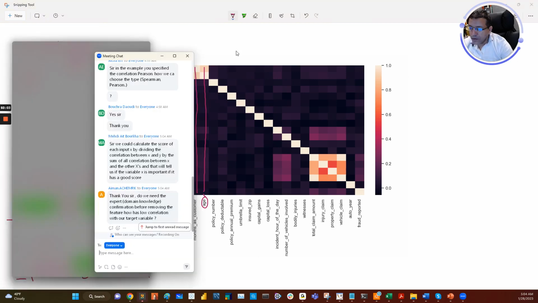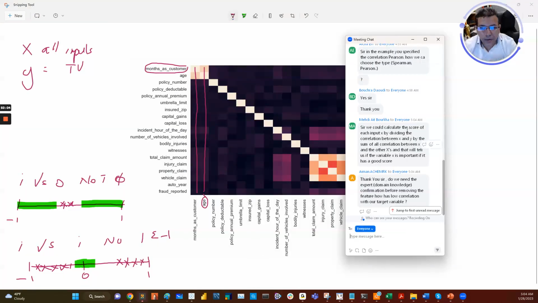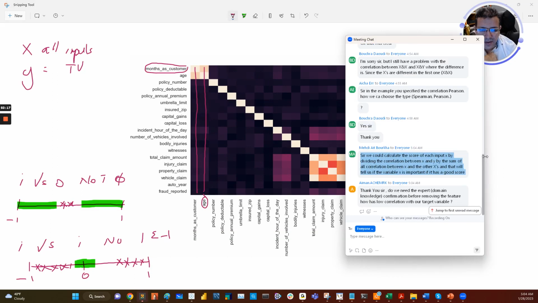Sure. Now let's take a look into Mahdi. We could calculate the scores of each input x by dividing the correlation between x and y by the sum of the correlations. Why, brother, would we do that? This is very complicated. Why do you need to do that? Simply, we have a much simpler way to do it.